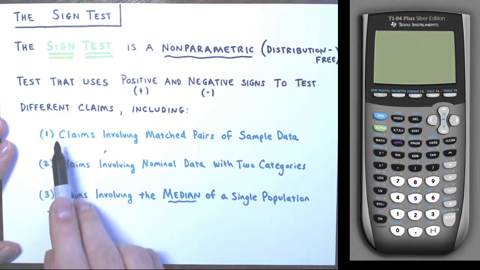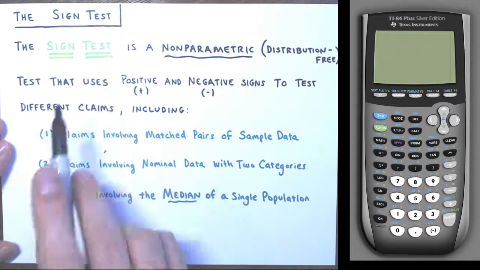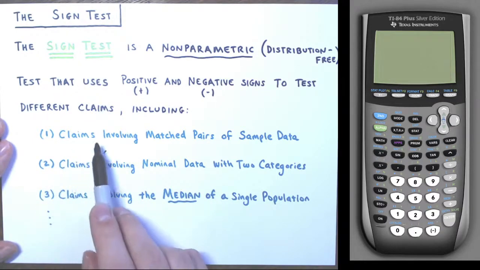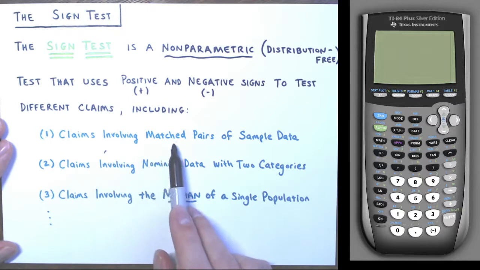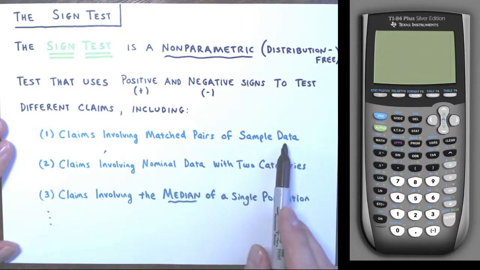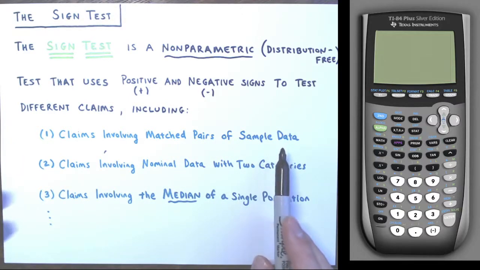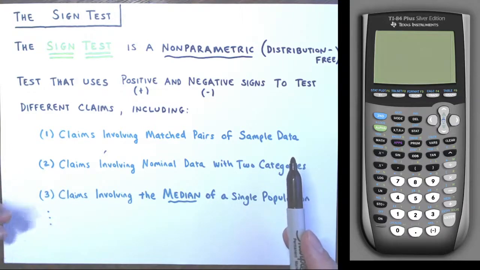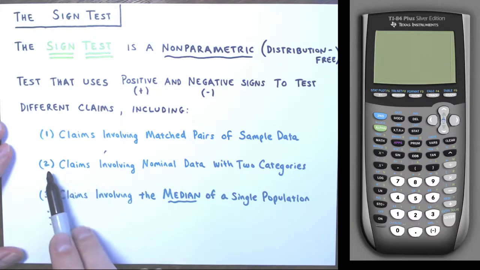So one, we can apply the Sine test to test claims involving matched pairs of sample data. Right, so pairs of data that are from dependent samples, they're matched, they're related to either the same person or the same object or the same year or whatever. You'll see an example or two coming up.